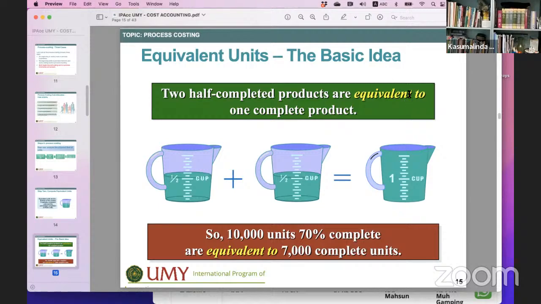In reality, it is not physically a completed product, but we just make it equal to a complete product. So equivalent unit is not always the same as physical unit, especially when we have partially completed products, meaning that we have work in process inventory units.